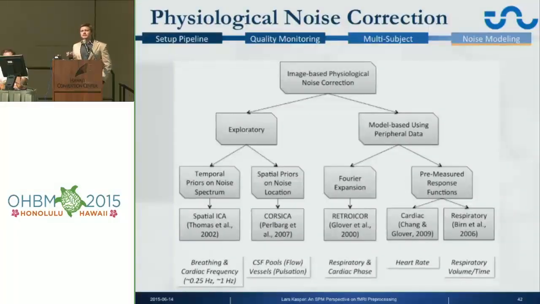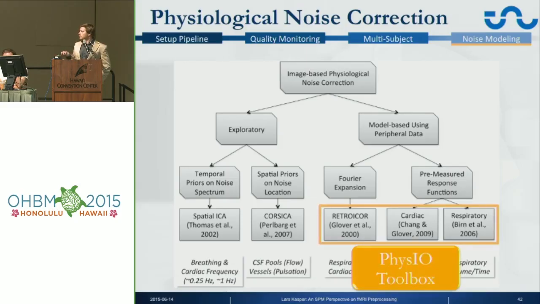And more complex than just running a function, you can also write your own toolboxes for SPM and integrate them with a batch interface. And we have done that for physiological noise correction, actually implementing a lot of what Rasmus has shown you before, mostly these model-based approaches, retro-ICOR, and these cardiac and respiratory response functions.